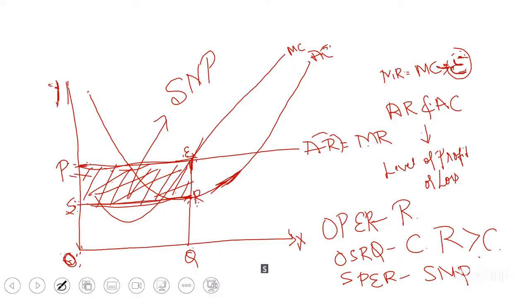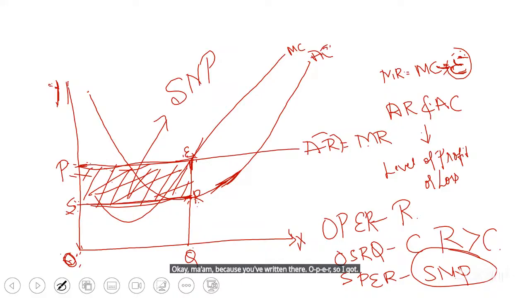SPER, that is supernormal profit. Okay, ma'am, because you've written there OPER, so I got confused. Sorry, OPEQ. Correct. OPEQ is revenue. OSRQ is cost. SPER is supernormal profit because your revenue is above cost. Revenue is more than cost.